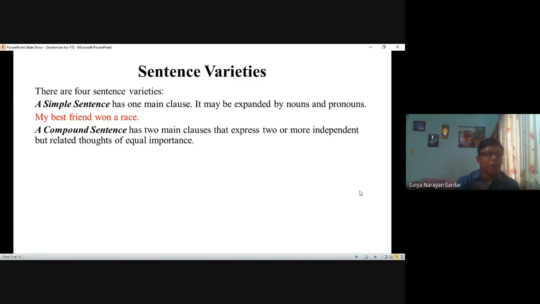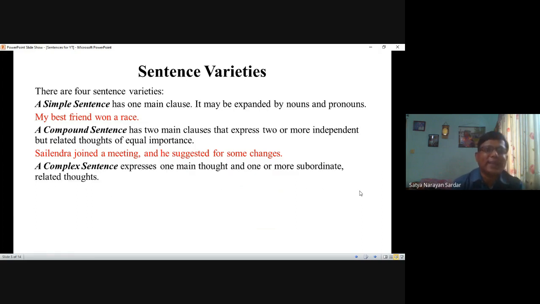That is a compound sentence. See the example. Shailendra joined a meeting and he suggested some changes. Here are two main clauses. Shailendra joined a meeting, one clause, comma, and he suggested some changes, another clause. Two clauses are here.